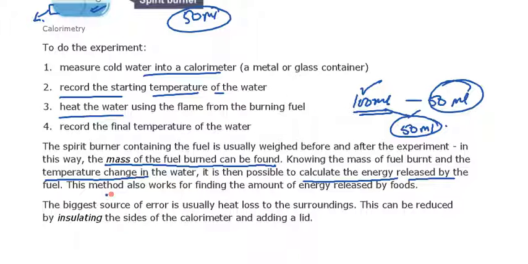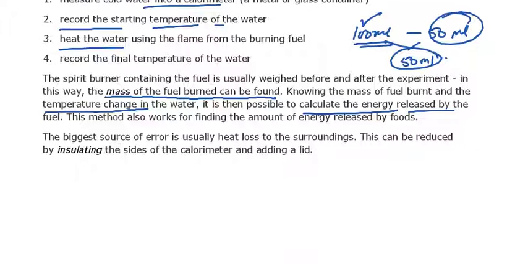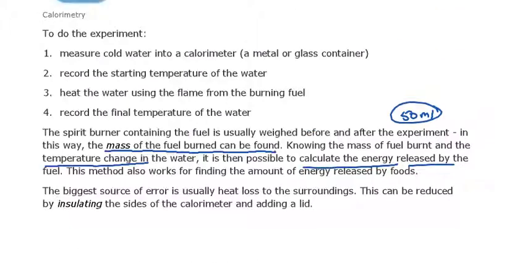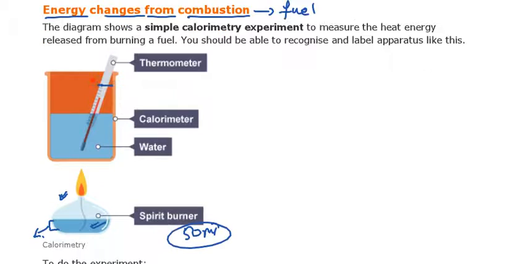This method gives information on how much energy is released by the fuel when providing heat. But the error that can arise is because this is an open container. If you consider this as the system, it is completely open to its surrounding.